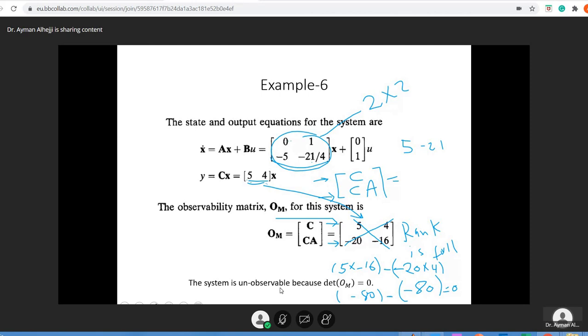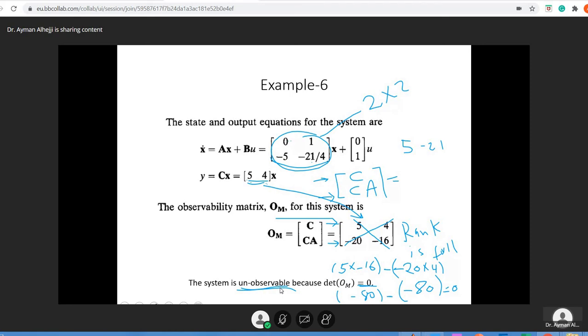So once you have determinant 0, what do we call it? We call the system unobservable. The system is unobservable, completely unobservable. Why? Because the determinant equals 0. So we don't have to worry about the observer.